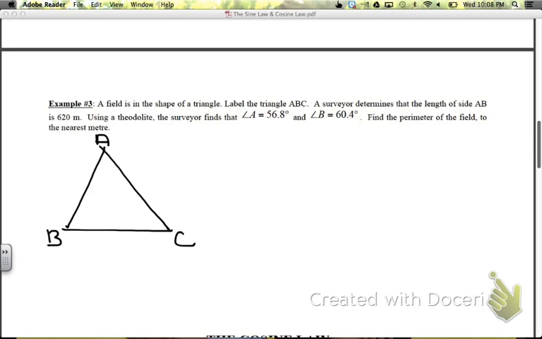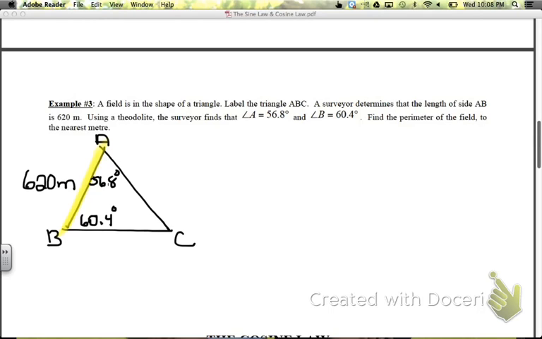A surveyor determines that the length of side AB, so the side here from A to B, is 620 meters. Using a theodolite, the surveyor finds that angle A is 56.8 degrees. So I can label angle A as 56.8 degrees and angle B to be 60.4 degrees.